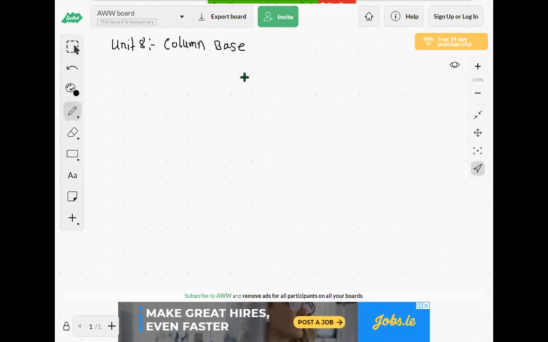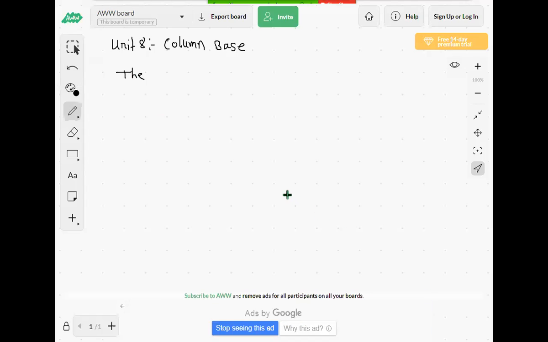There are two types of column base. But first, write down the definition of column base, because one MCQ will be asked on this definition in the examination.